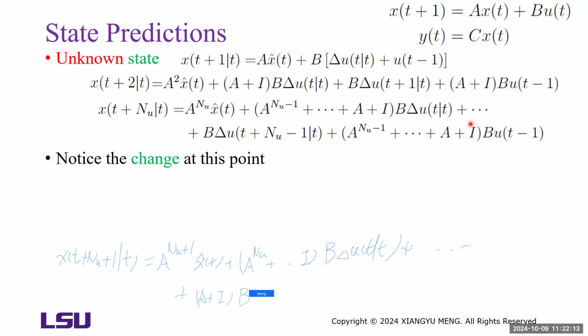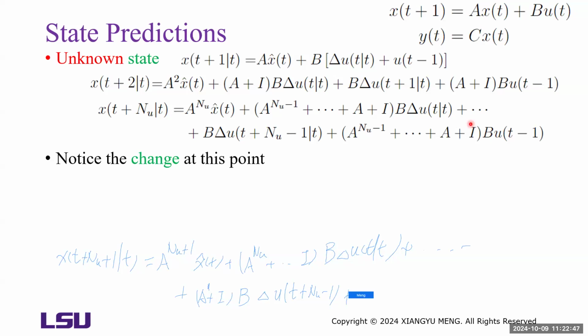I think we have delta u t plus nu minus 1, because the sum of the two will be t plus nu plus 1. Okay, the sum will be t plus nu. So here the power of A is 1. And we have t plus nu minus 1. The sum will be t plus nu.